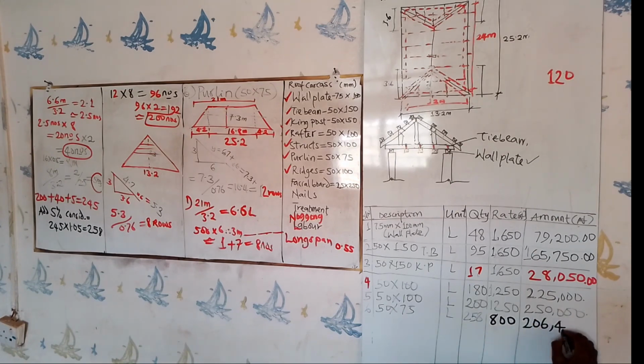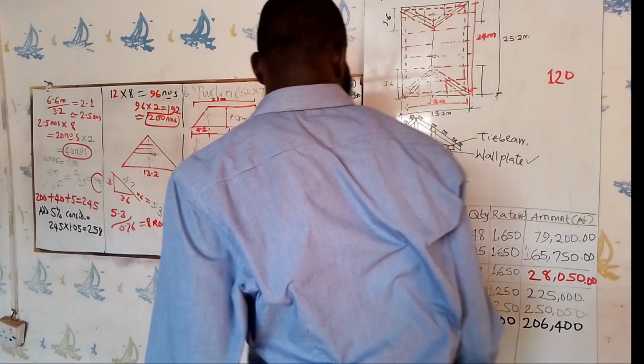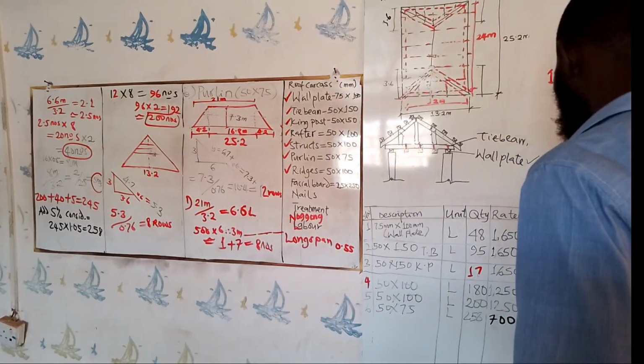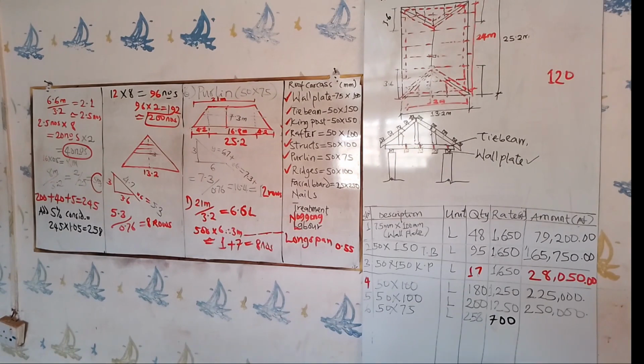206,000. Okay, 2 by 3, you gave us 700. Please just use 700 then. But someone else gave us how much for 2 by 3? 180,600.